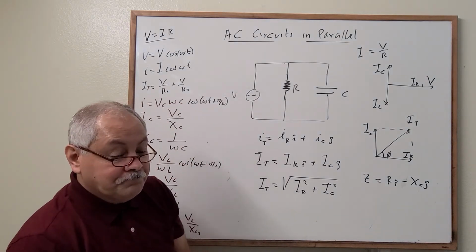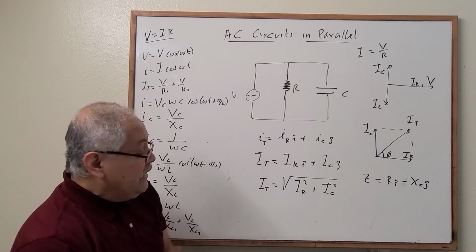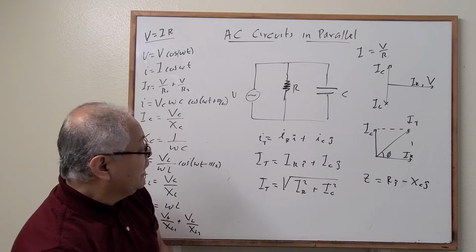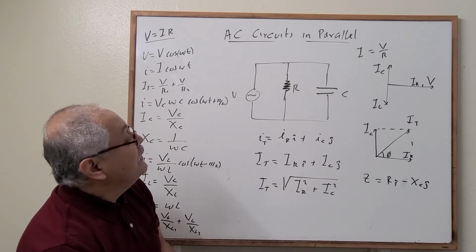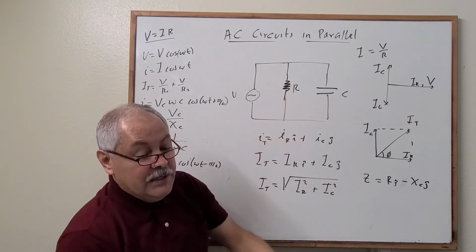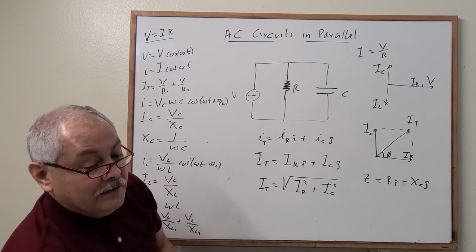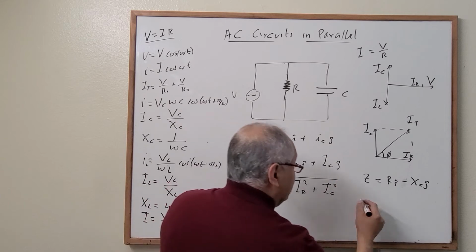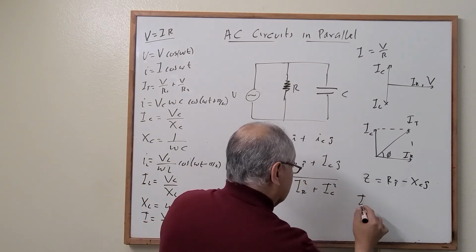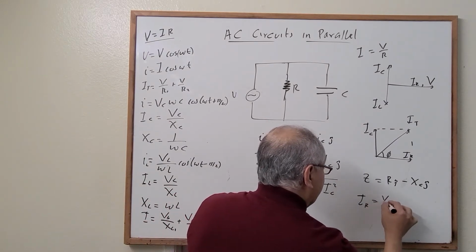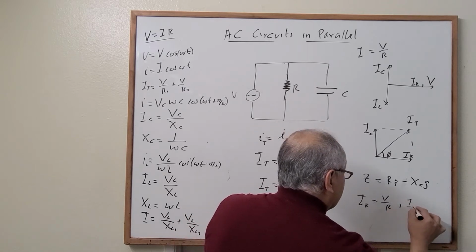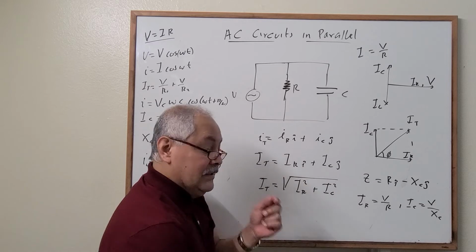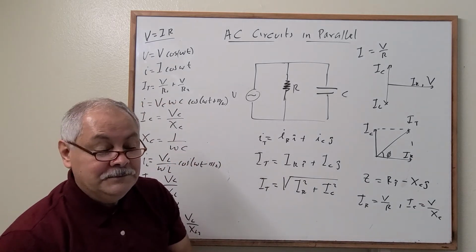Now we can again use this to be the total current when we're dealing with a resistor and a capacitor in this way. Also, of course, we can find that the current through the resistor is equal to V over R, and the current through the capacitor is equal to V over the reactance. The same thing as we did before.